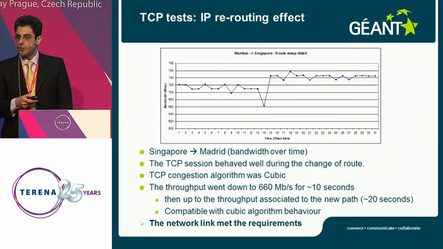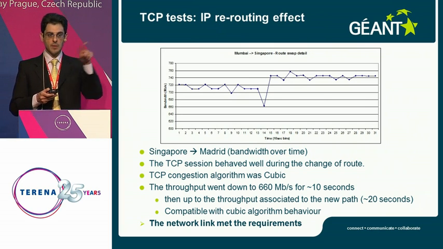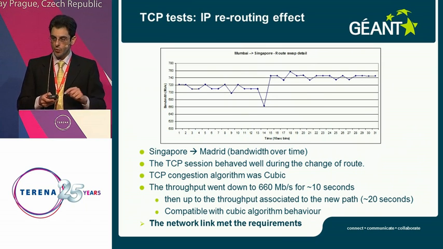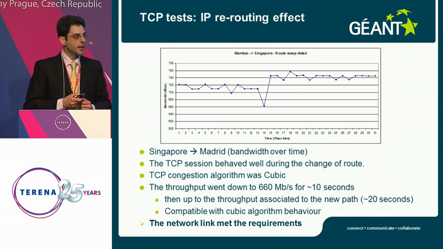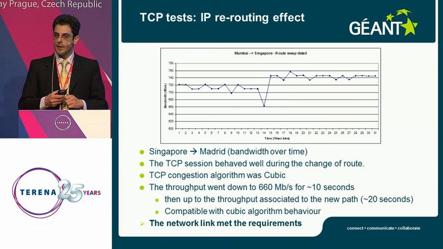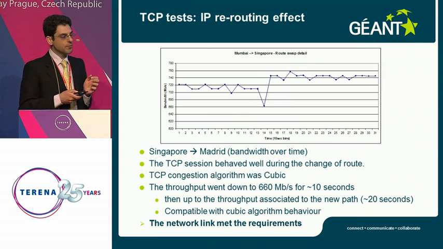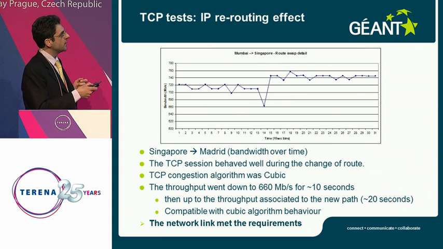Another test we did was intentionally breaking the link and trying to see if the rerouting was affecting any data transfer, anything the user could actually detect from his point of view. And you can see this was the bandwidth before the rerouting.